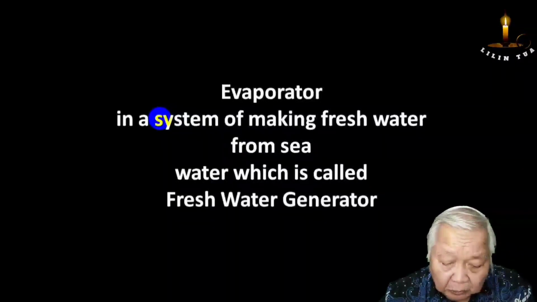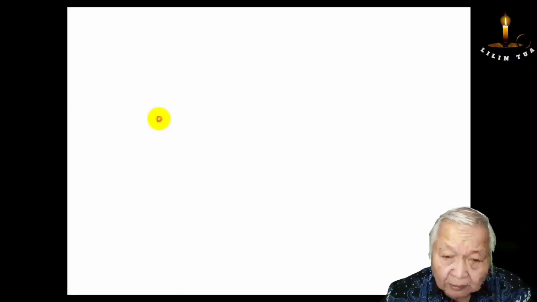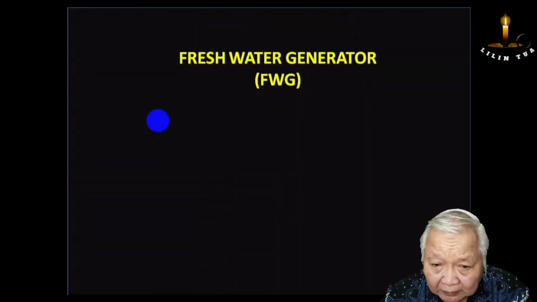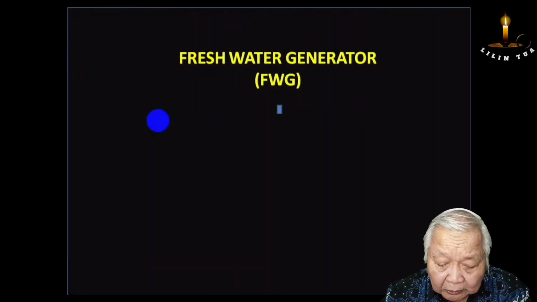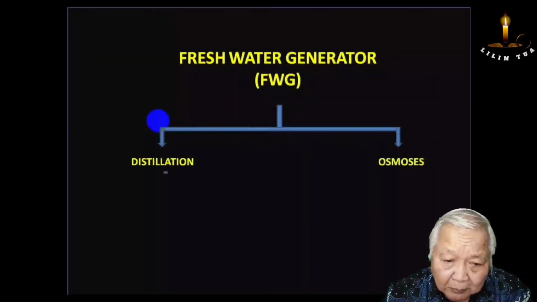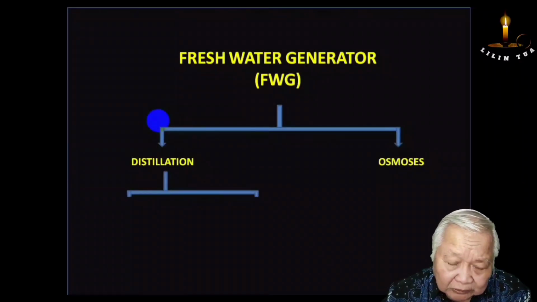In terms of the method or process of making fresh water, the freshwater generator can be categorized into two types, namely by distillation and by osmosis.